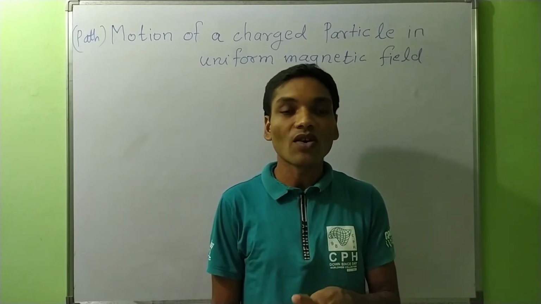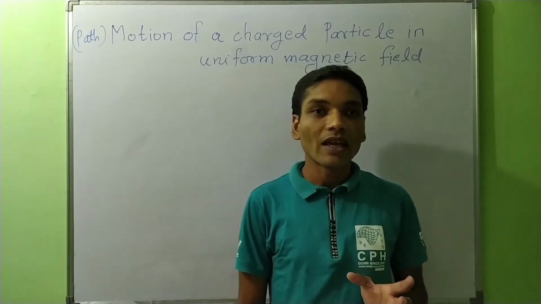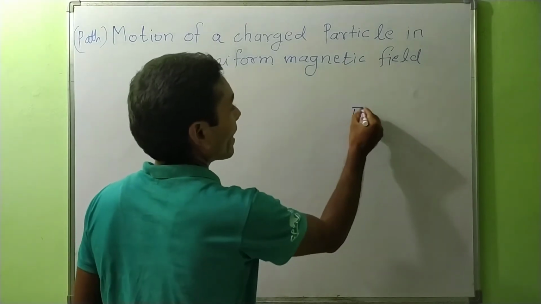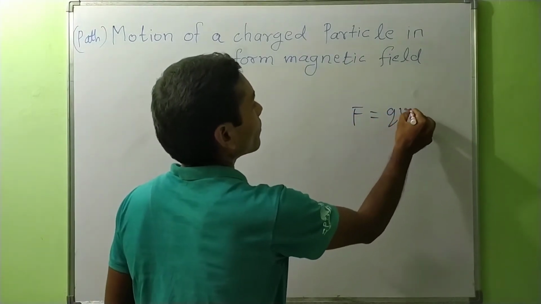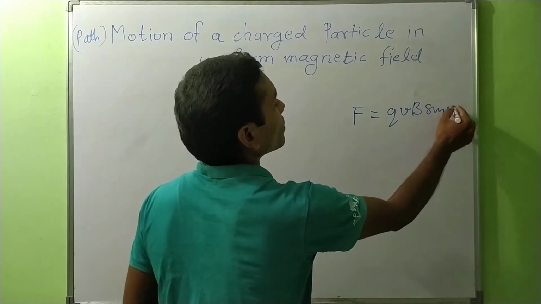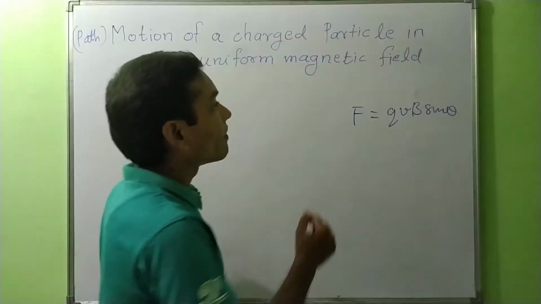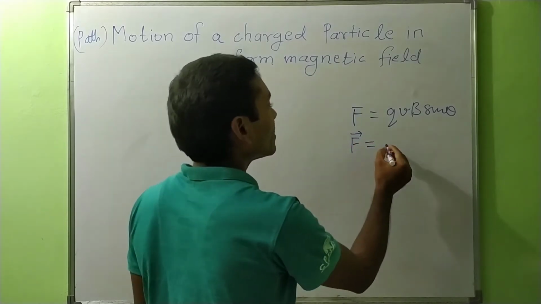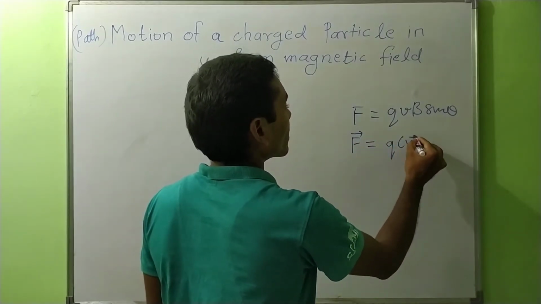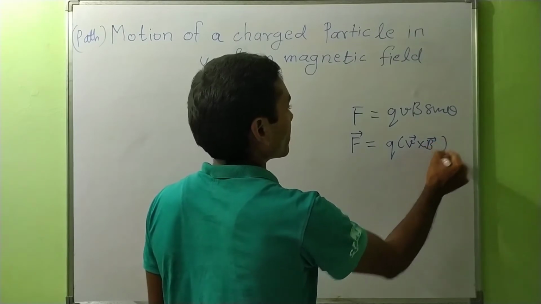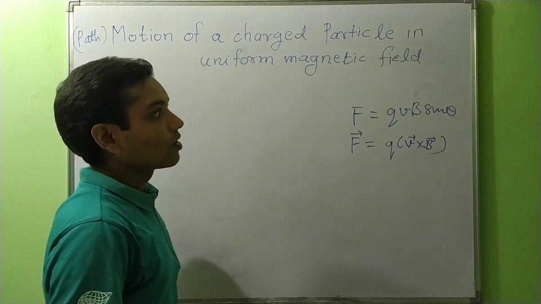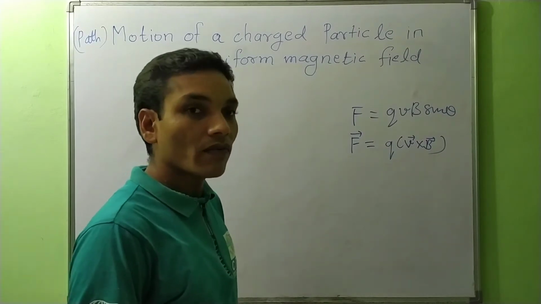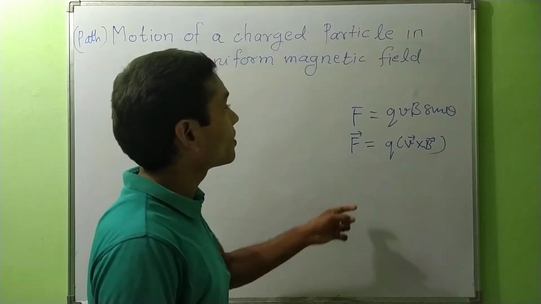That force is called magnetic force, and the equation of that force was F equal to QVB sine theta, and the vector form of this magnetic force is Q vector V cross B. So we will discuss the motion of a moving charged particle in a uniform magnetic field.